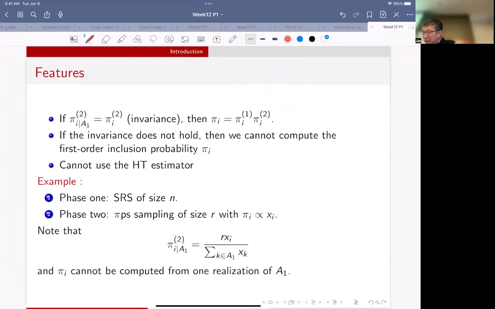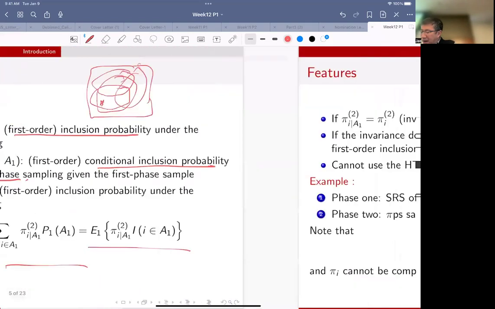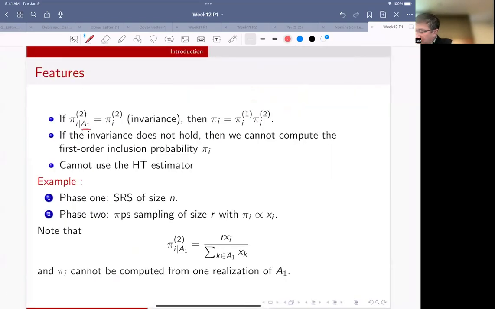We'll worry about that later. But anyway, the tricky part is that it has a dependency on A1, and if that dependency disappears, then it is called invariance. So invariance is a property of two-stage sampling, right?